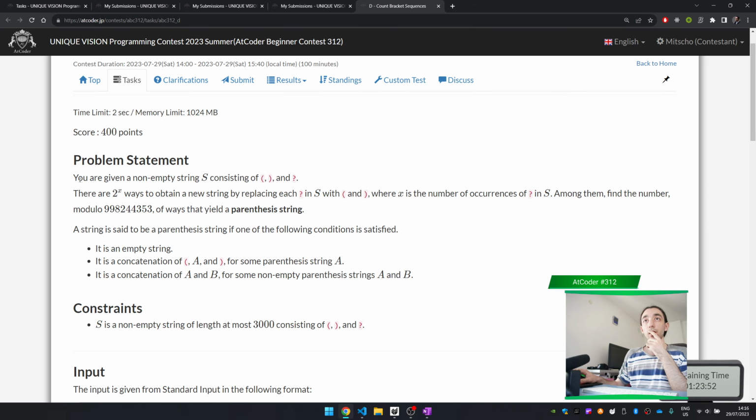D: you are given a non-empty string S consisting of opening, closing, and question mark characters, and there are 2 to the x ways to obtain a new string by replacing these characters with some other brackets. Among them find the number of ways that will yield a parenthesis string.